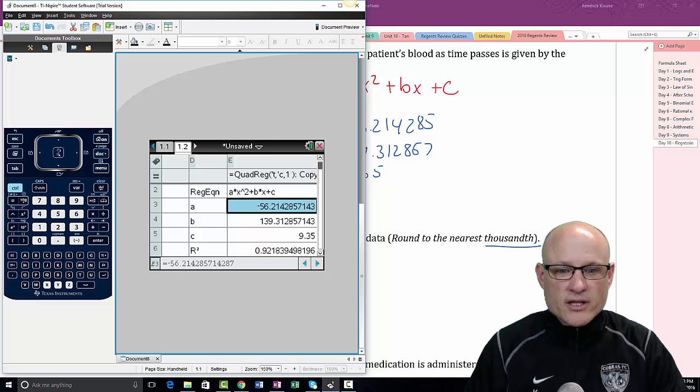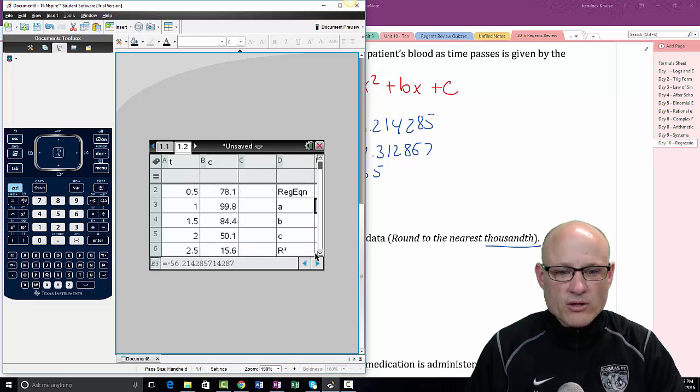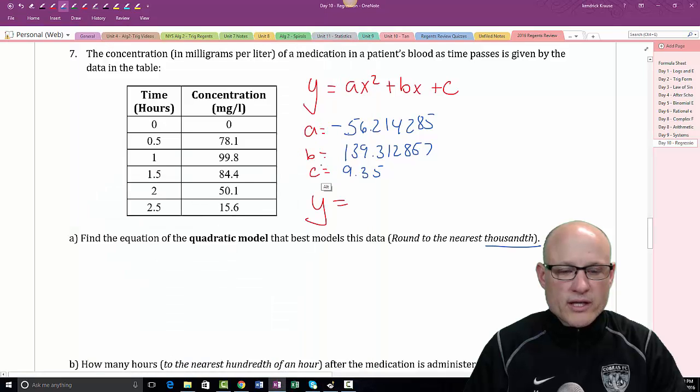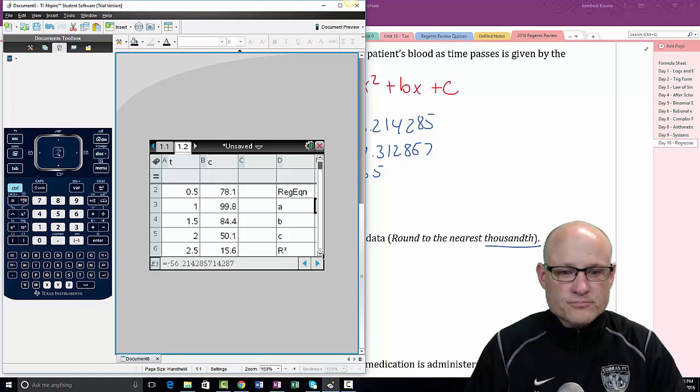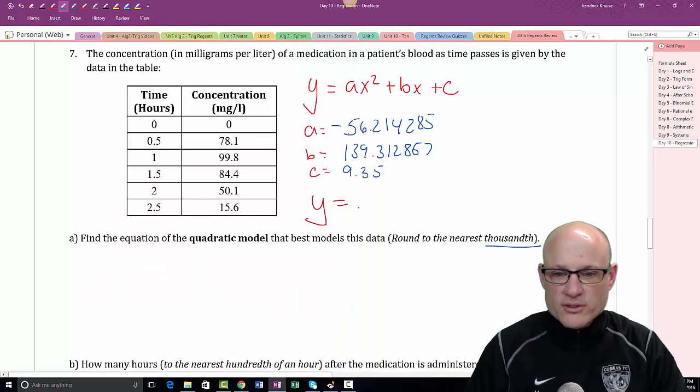Well, that's interesting. I feel like I didn't do this right. I feel like I put the wrong numbers in. Let me make sure I got the right numbers. 0, 0, 0.5, 78.1, 1, 99.8, 1.5, 84.4, 2, 50.1, and 2.5, 15.6. Okay, whatever.